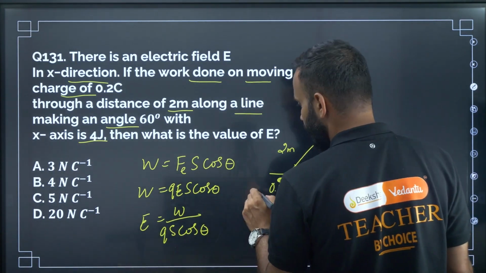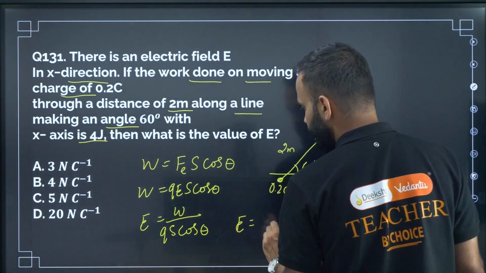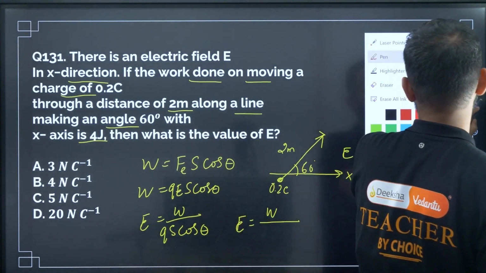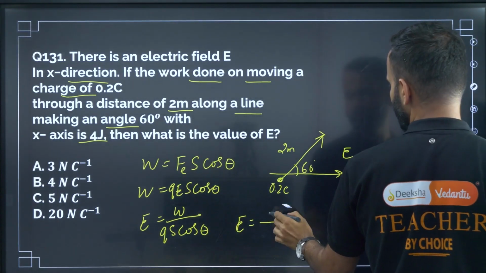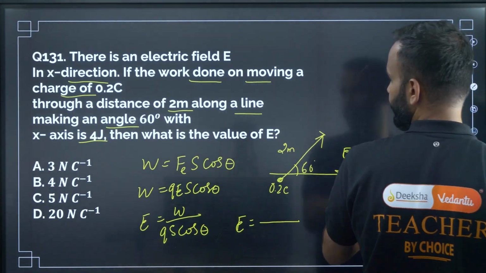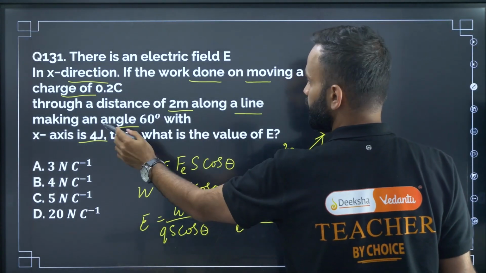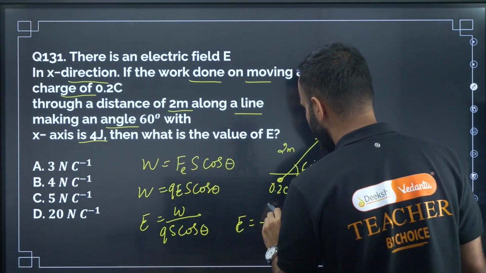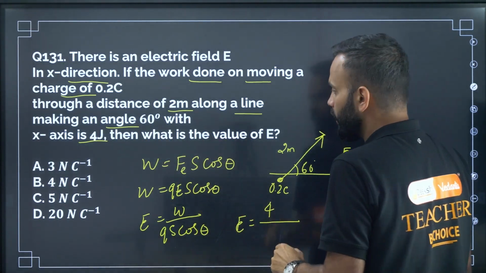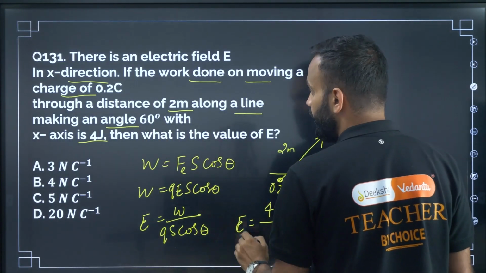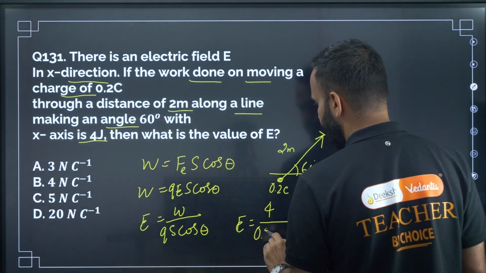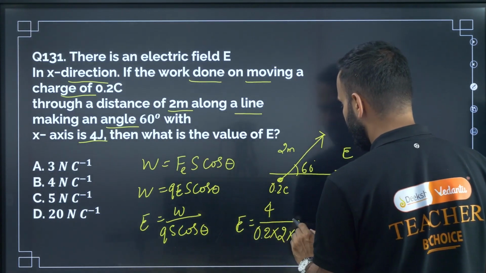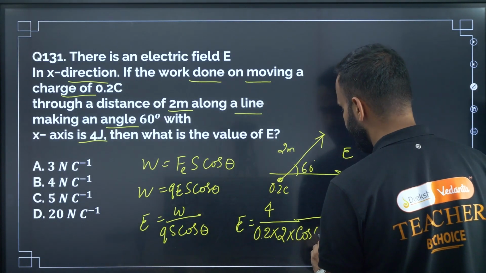So E is equal to W, and W is 4 joule. The work done is 4 joule. So 4 divided by Q, which is 0.2 coulomb, into S, which is 2 meter, into cos theta, that is cos 60 degree.